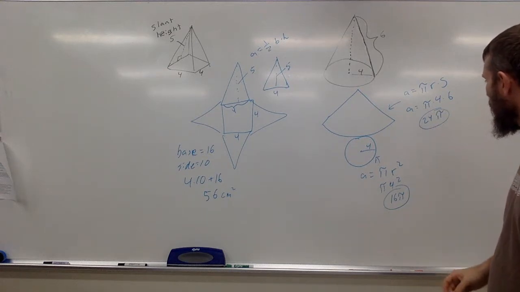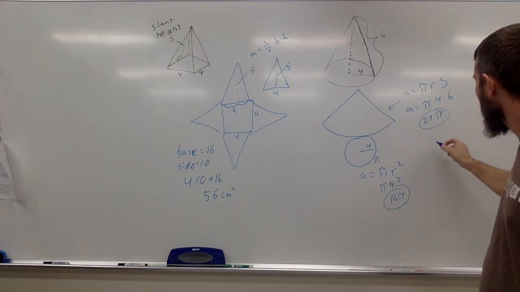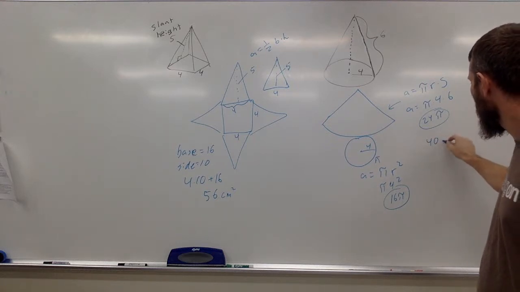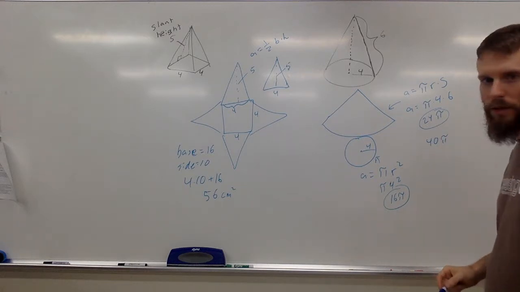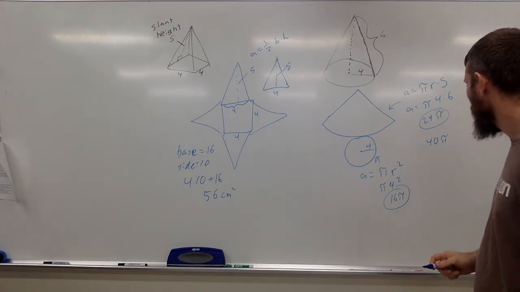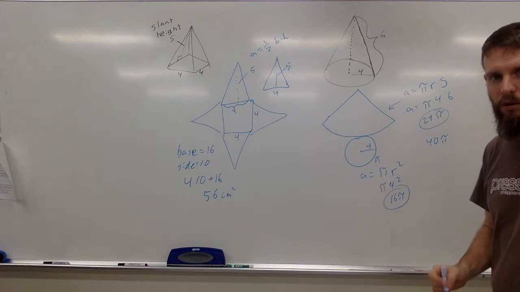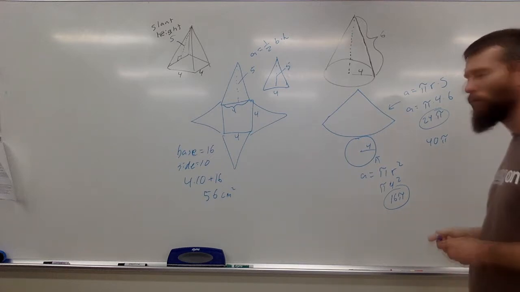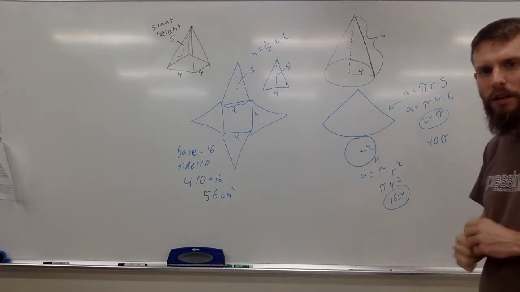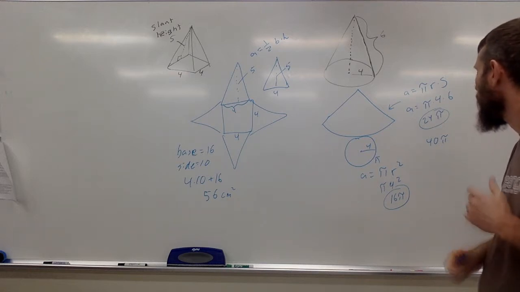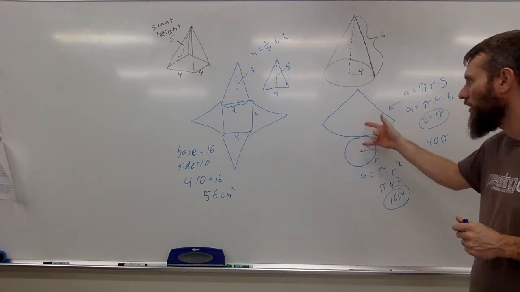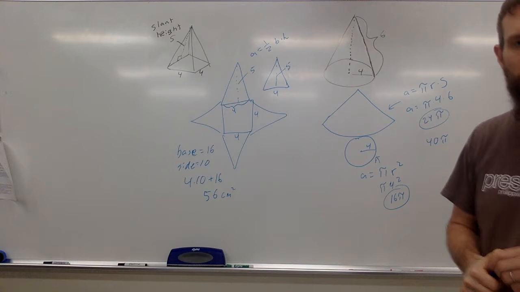And then if we add those two together, we will get 40 pi. And 40 pi, if you wanted to put that into a calculator, you could do 40 times 3.14, or 40 times your pi button. And that will give you the surface area of this cone.